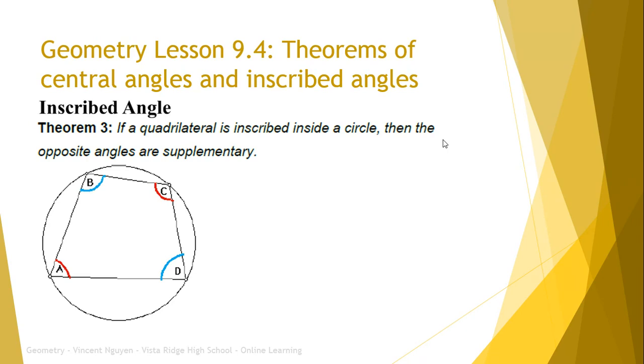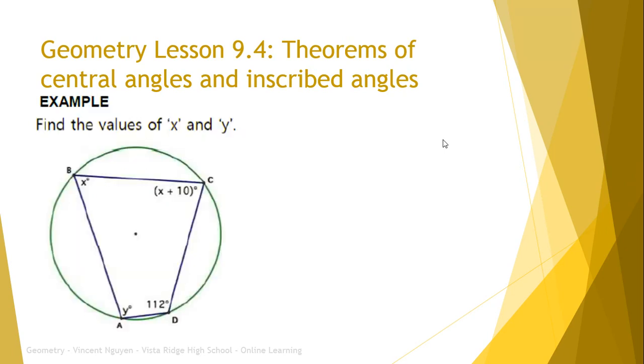Angle B and angle D make up 180 degrees. So this is the relationship. Every single time, it doesn't matter what your quadrilateral looks like, the opposite angles will always add to 180. Always.